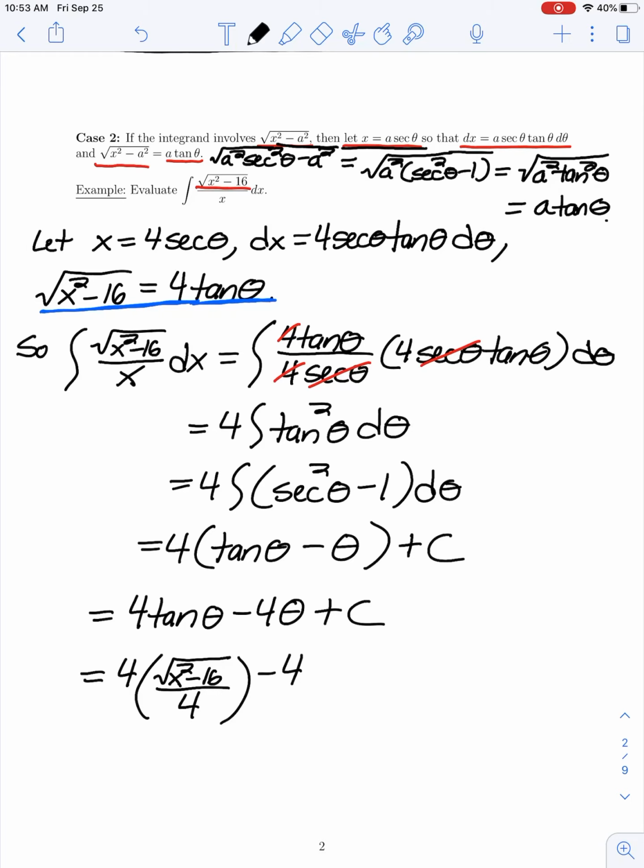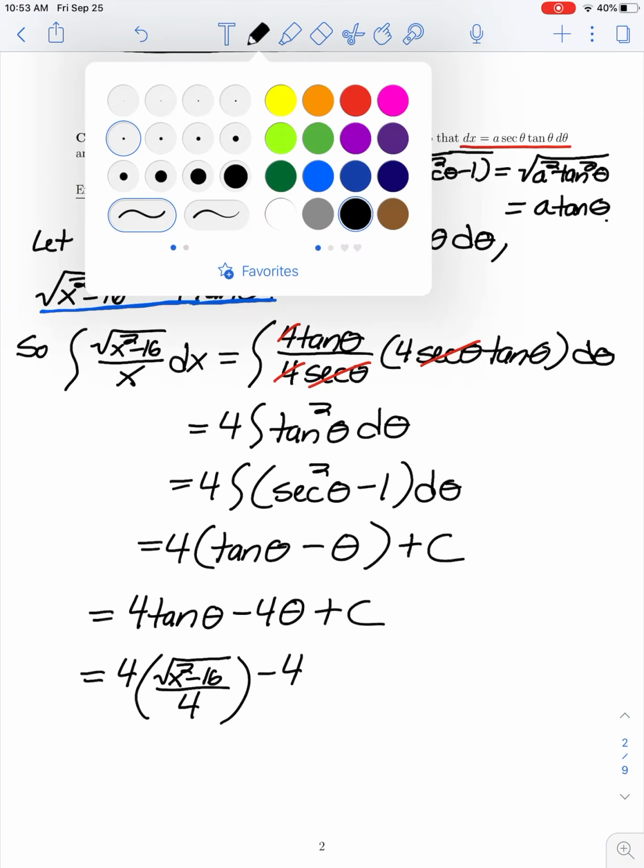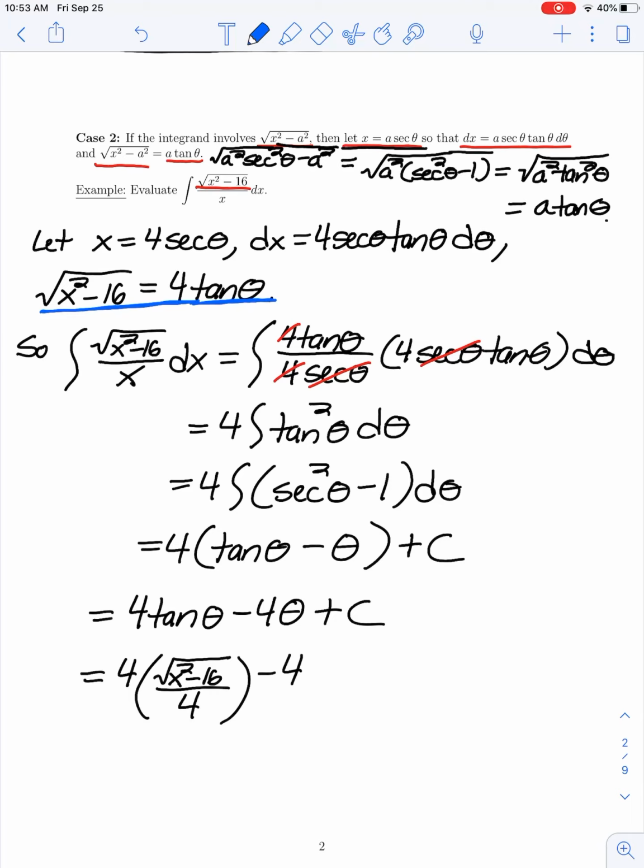So let's think about how to find theta. Now, using our substitution, we had x was equal to 4 secant theta. So a little scratch work to the side here. If x is 4 secant theta, that means that x over 4 is equal to secant theta. And so solving for theta, we would have the inverse secant of x over 4.